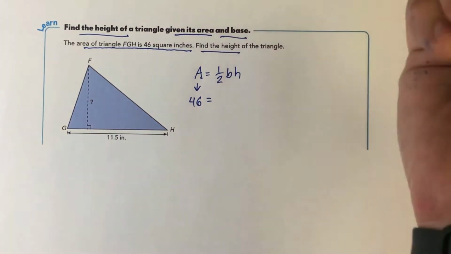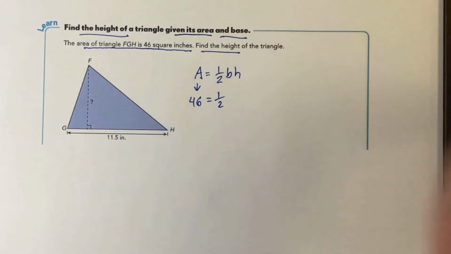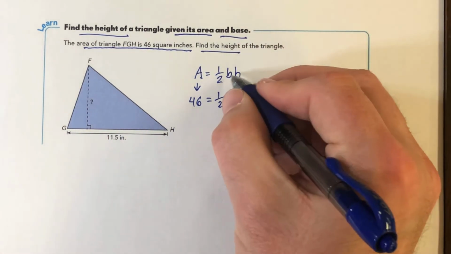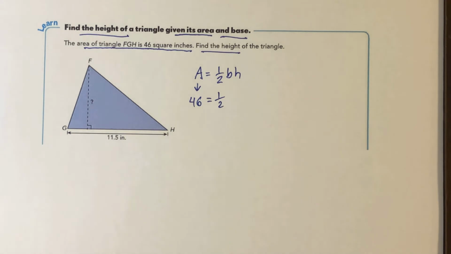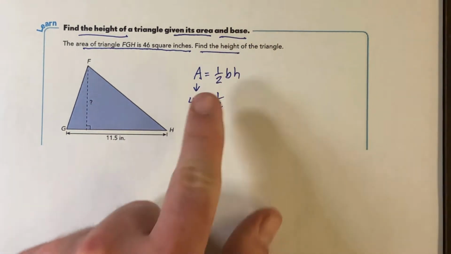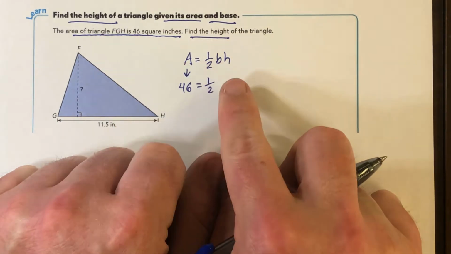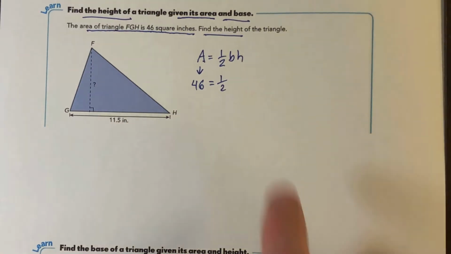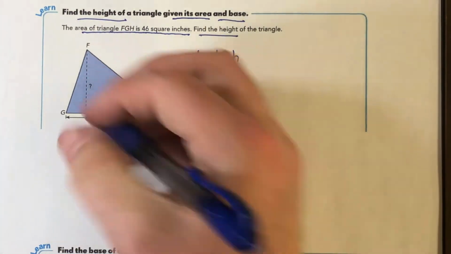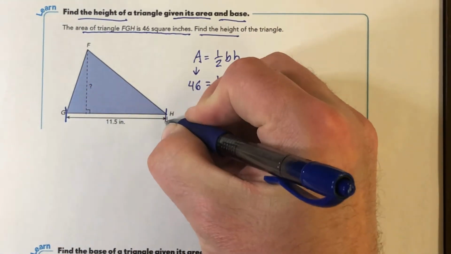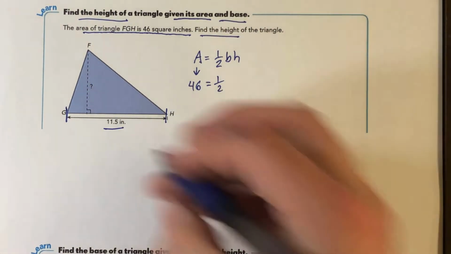Equals, what do I do with the 1/2? Just write 1/2. You can't do anything with it. It's a half. Okay, B, do I know the base? Well, if I'm going to find the height, I have to know the B. Again, you have to know all of your letters except for one. So, what's my base? The base is line GH, so 11.5.